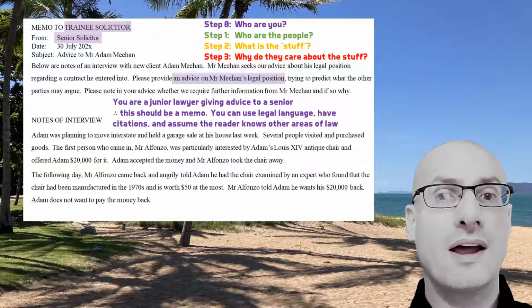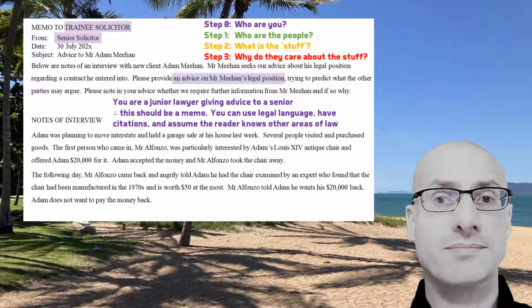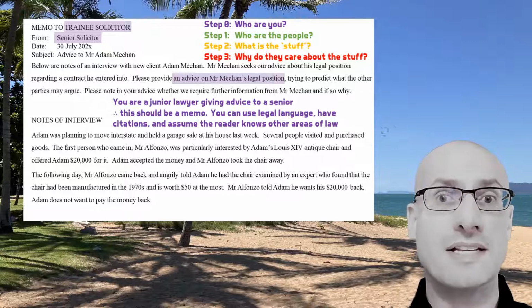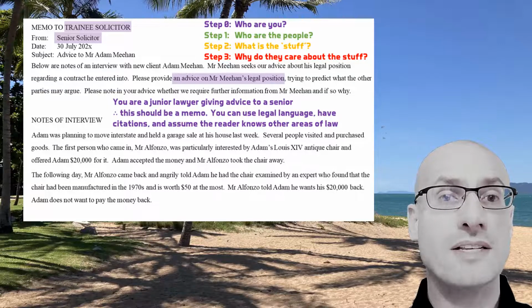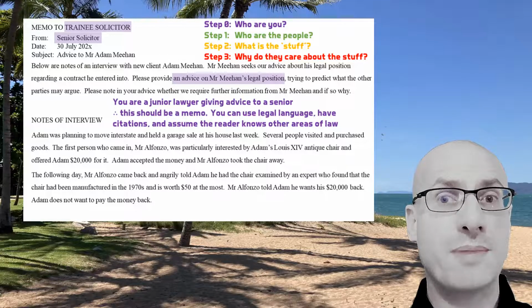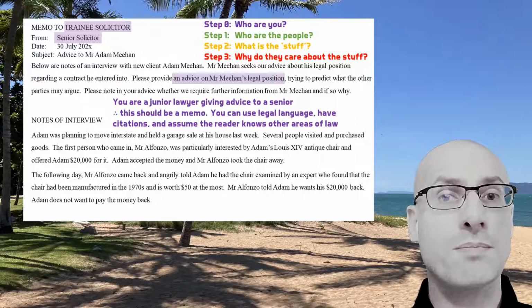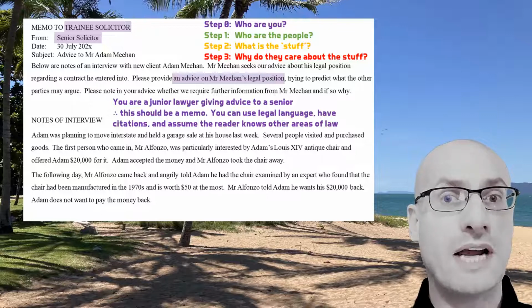Here, we are a junior solicitor, and we have been asked by a senior solicitor to provide advice. So as a result, in producing this piece of work, assuming there's no other instructions that are given, you'd be expected to do that in memorandum or memo style. You'd be expected to use legal, technical words and jargon where appropriate.